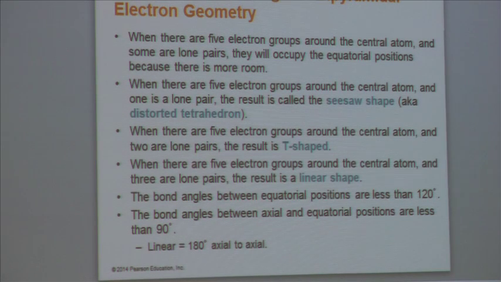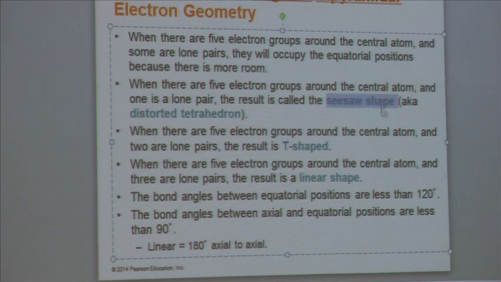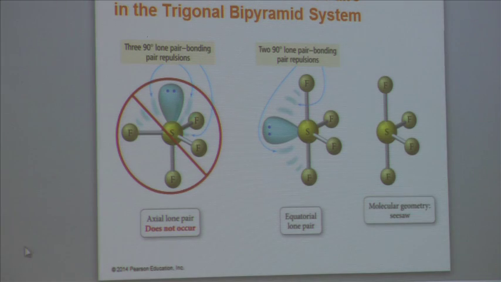So some derivatives of trigonal bipyramidal geometry could be a seesaw shape or a T shape. And so here are some examples of a trigonal bipyramidal system, where you have the lone pair.